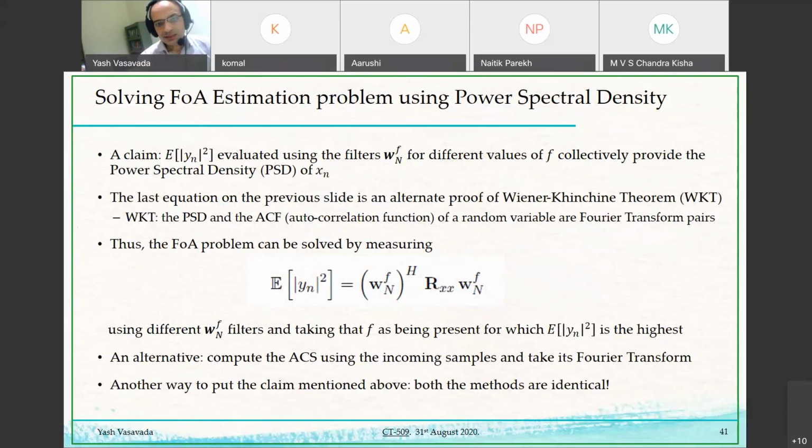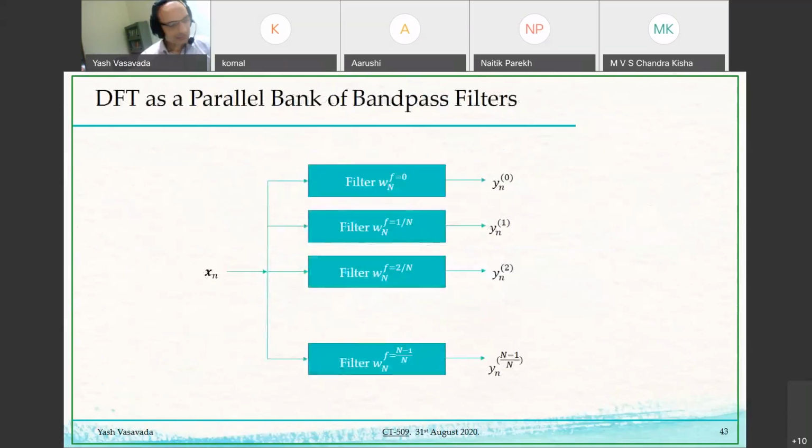One way to do that is to use the DFT filters, which are at f equal to 0, f equal to 1 over N, f equal to 2 over N, all the way up to f equal to N minus 1 over N. And then look at what is coming out of the DFT output, which is our y n samples, and then take the absolute value squared.